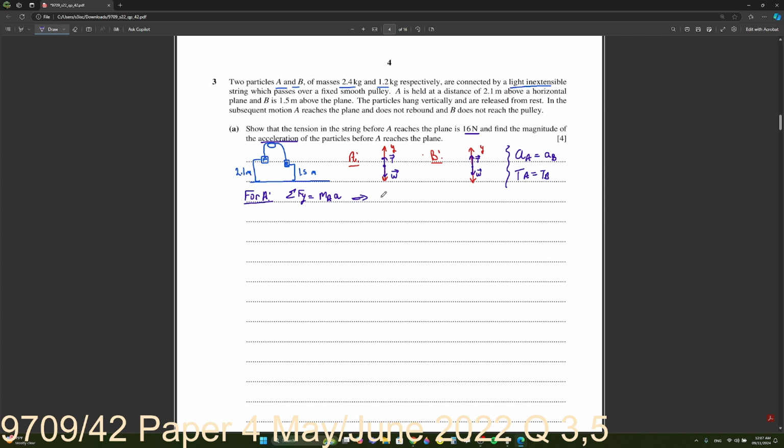It's accelerating downwards, so W is going to be greater than T. So I write W minus T equals the mass of A, 2.4, times acceleration. We know that W is equal to mg. Let's substitute. The mass is 2.4, g is 10, so 2.4 times 10 minus T is equal to 2.4a. Therefore, 24 minus T is equal to 2.4a.